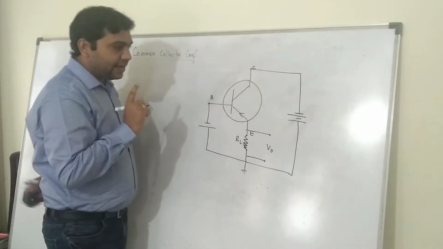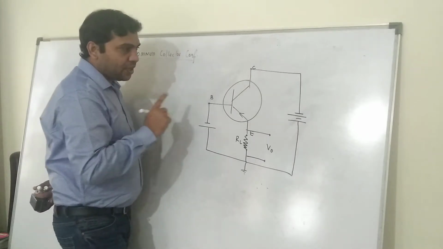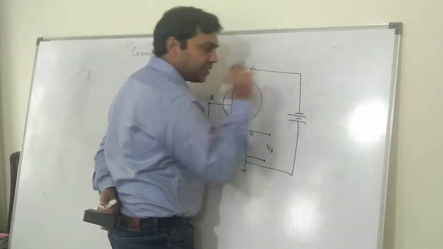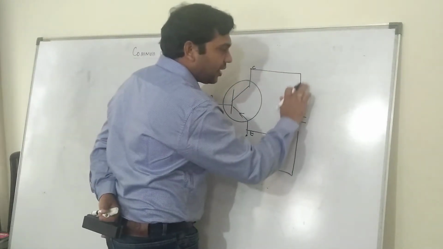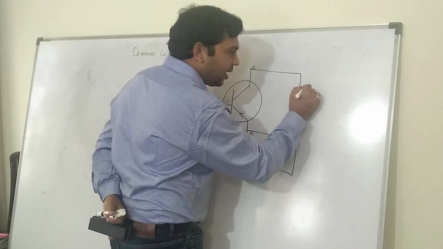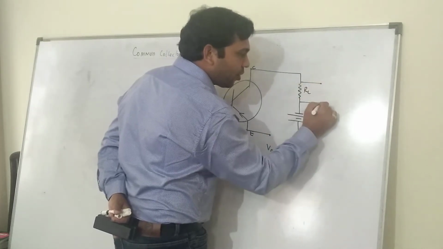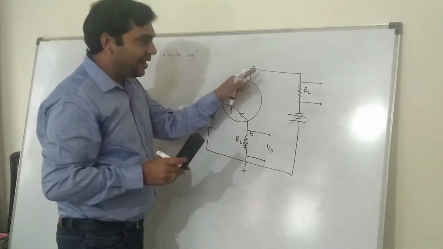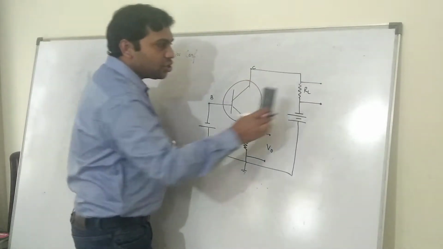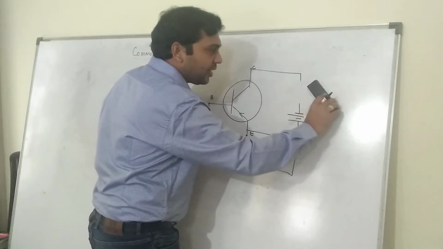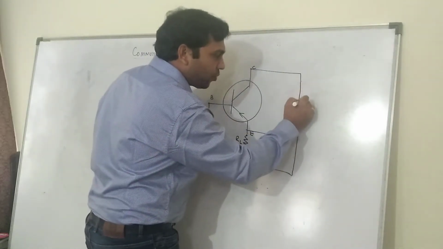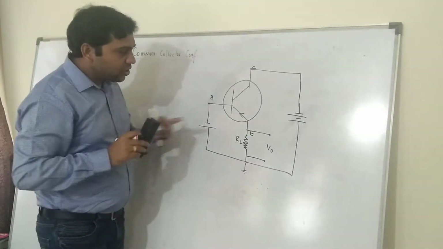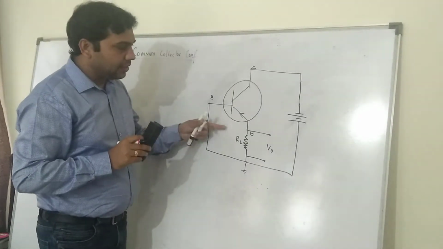So in common collector, remember what we have done: earlier we put a resistor RL and took the output from the collector terminal. But since it's a common collector, the collector has to be grounded, so instead of taking the output from there, we have taken the output from the emitter terminal. This is one way of drawing this circuit diagram.